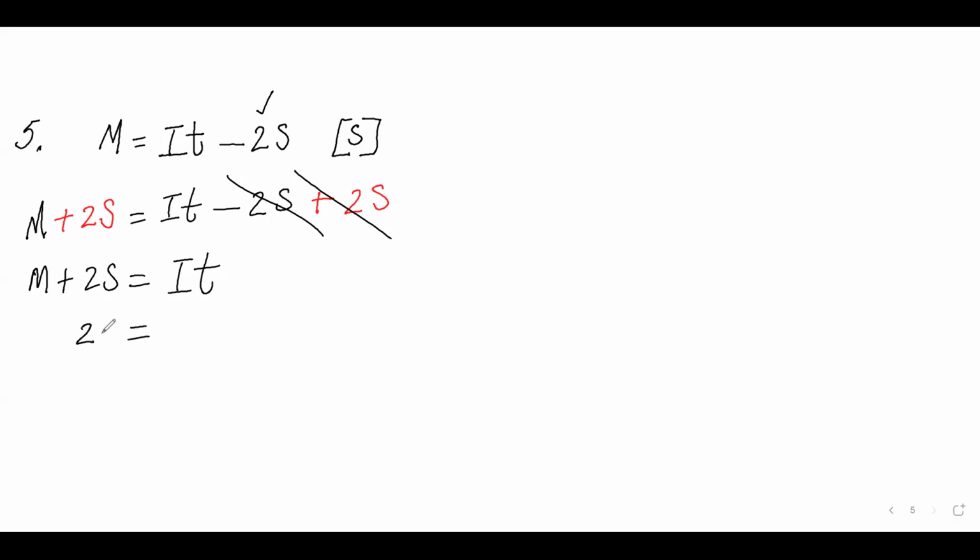So it will be 2S, and this is M minus M. If you minus M on one side, you have to have minus M on the other side. So plus M and minus M will cancel. So I have 2S equal to IT minus M.